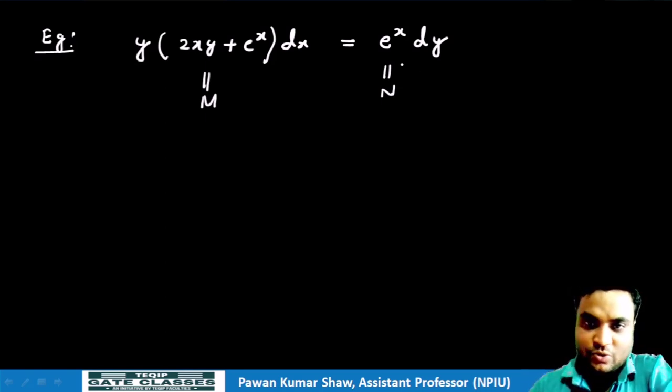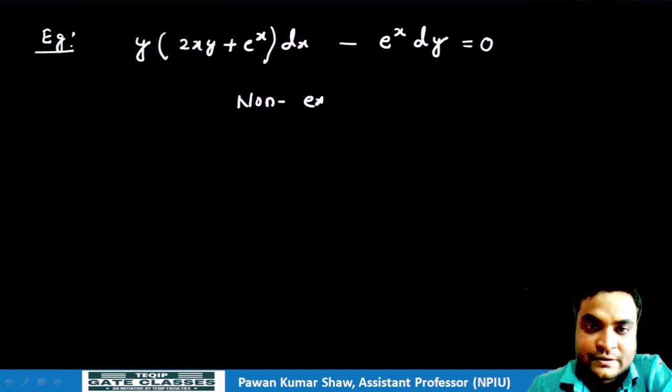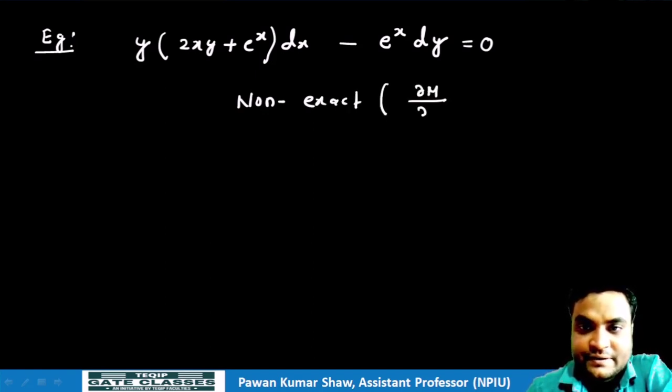So the whole expression we can write as y(2xy plus e to the power of x) dx minus e to the power of x dy equal to 0. And if you check, this equation is non-exact, because here del M by del y is not equal to del N by del x.